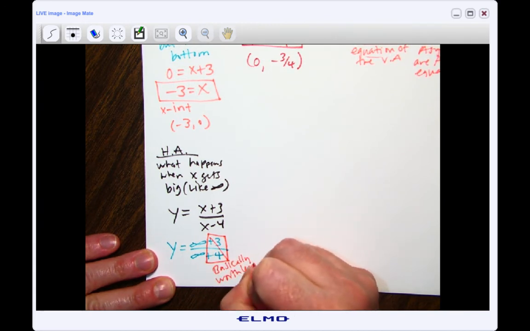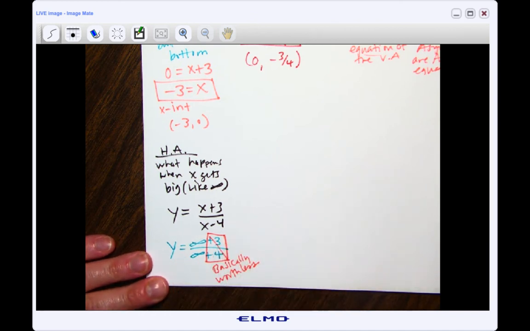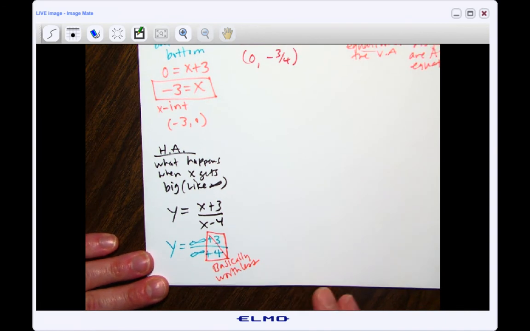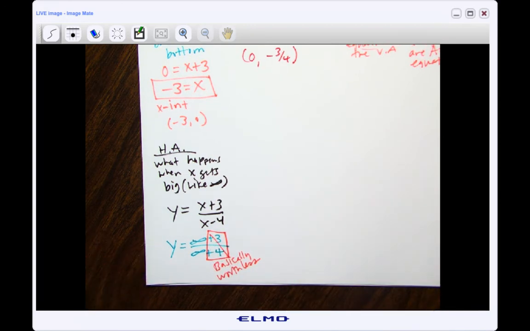Why? Because if we have infinity plus 3, well, nobody says I have infinity plus 3. That's the same thing as saying I have infinity. If you had $10 million and $3, you wouldn't say I have $10 million and $3. You'd say, oh, he has $10 million. It's that same idea. These are too small, so we don't even consider them part of the number.